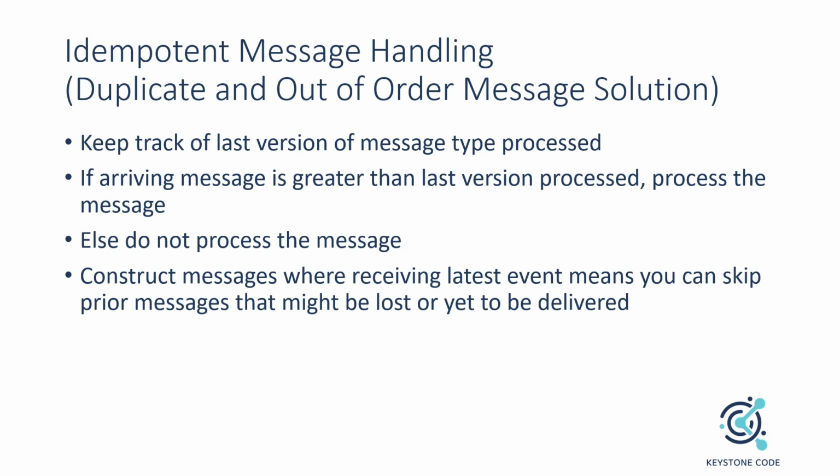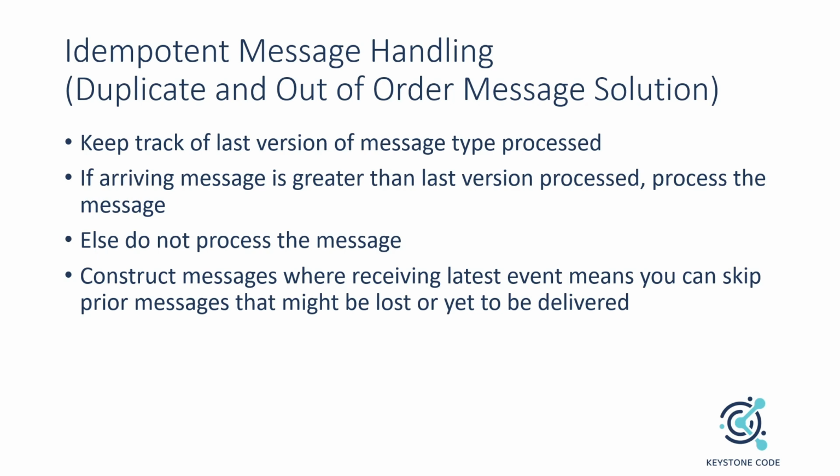And idempotent message handling basically solves both these problems, which means we want to keep track of the last version of the message type processed. So in this case, for product created, we want to track what was the last version, and we're going to increment the version every time. What was the last version we processed? So if the last message we got for product created was 20, the next one should be 21, and the next one after that should be 22, and so on.